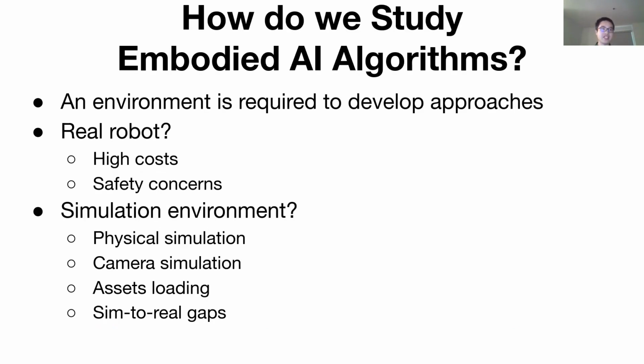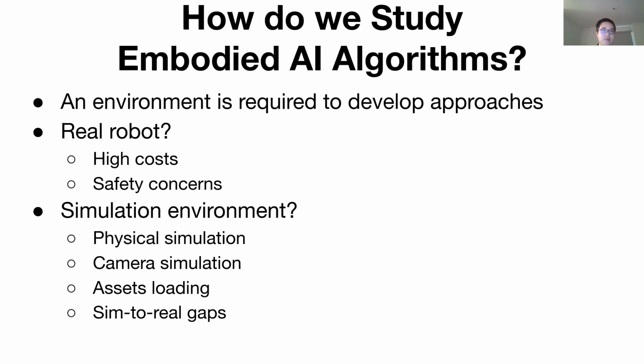Now, how do we study embodied AI algorithms and design new approaches? First, we need an environment to do so. As discussed in the intro, we may use real or simulated environments.